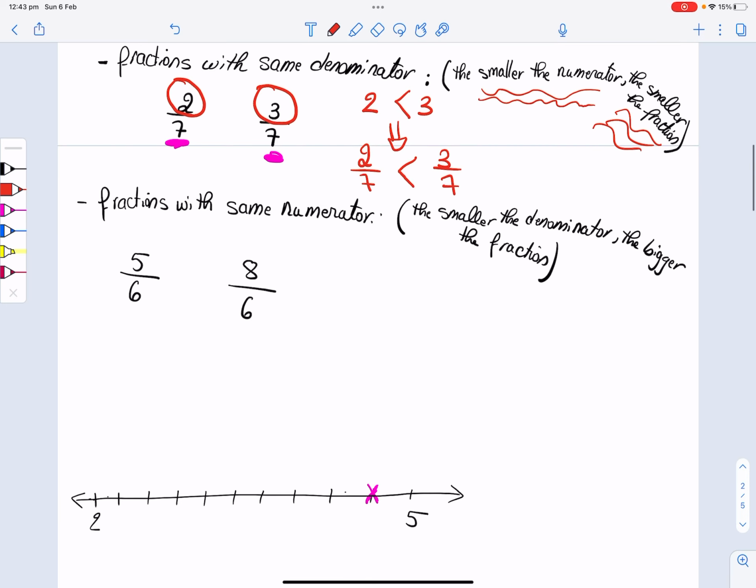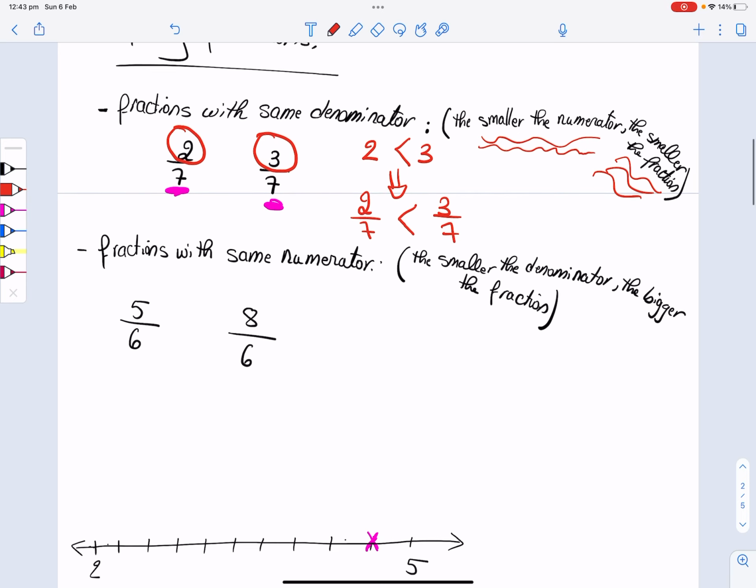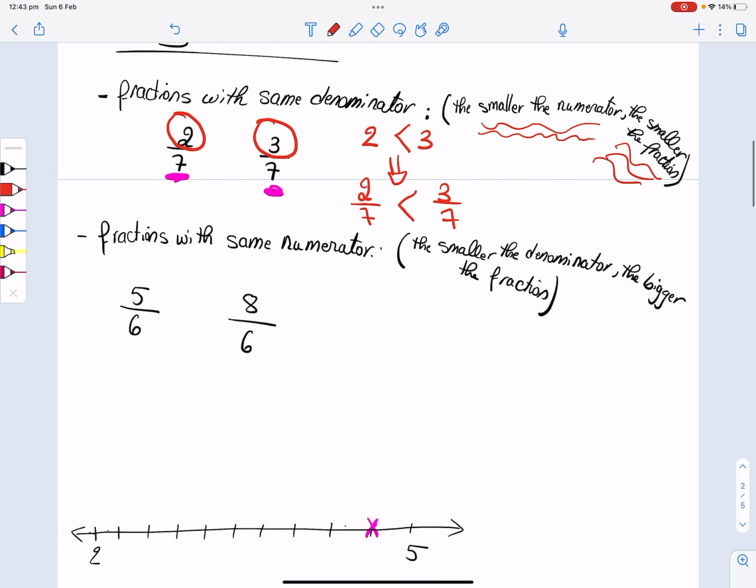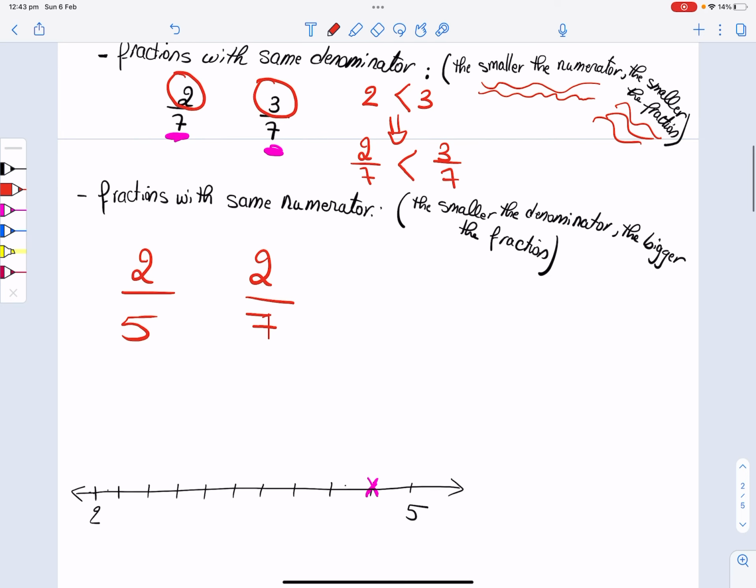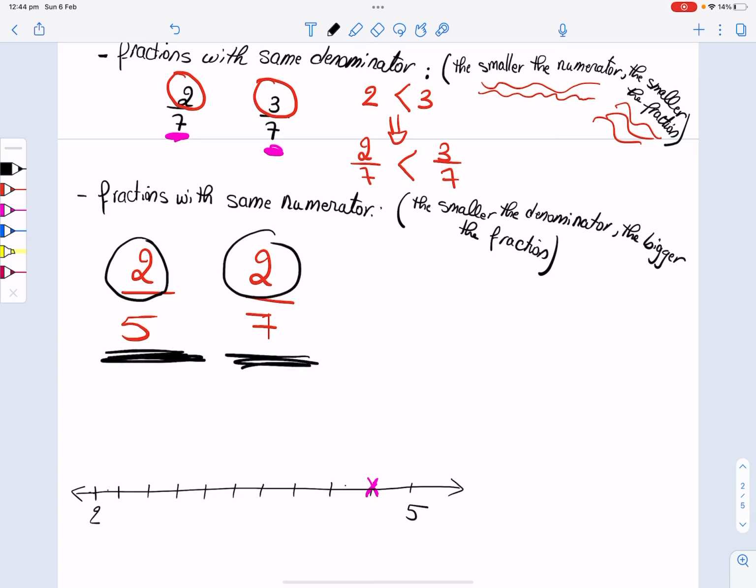Now if we have 2 fractions with the same numerator, the rule is very different. For example, let's have 2 over 5 and 2 over 7. We have the same numerator, so we only compare the denominator.